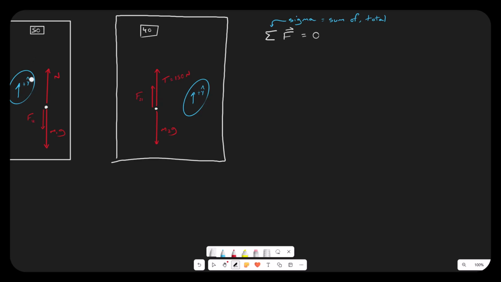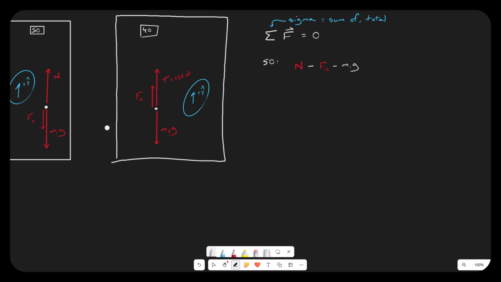So I want to look at my 50 kilogram crate first. I have an upward force of N, which I don't know what that is. I have a downward force of F12, I don't know what that one is either, but it's downward, so I'm going to call that in the negative direction. And I have an M1G, so minus M1G.